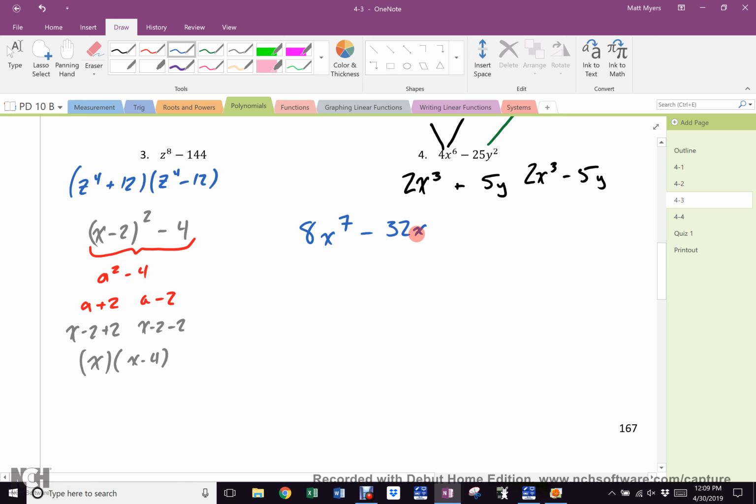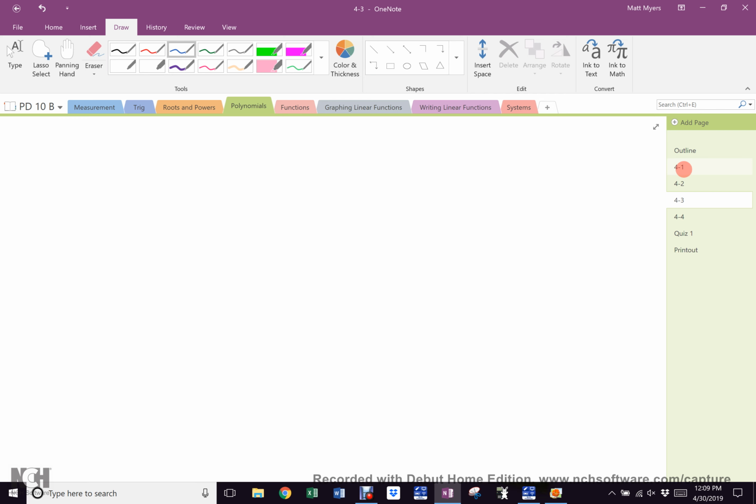What are you going to do with that? Does that look like I should be able to do a difference of squares to it? Doesn't? Oh, sure you can. Because what are you supposed to do first?